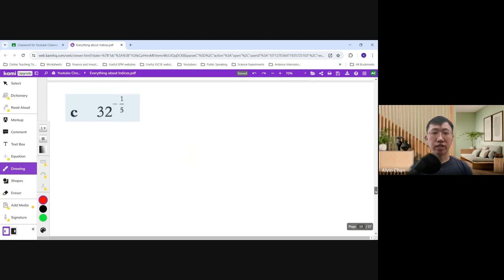Let's try this question. First thing first, I can see that it's a negative power, negative 1 over 5. So what you're going to do as usual is you're going to write 1 over. So you can now write 32. This will now become a positive, remember, so it's now 1 over 5. Now, how to write this?